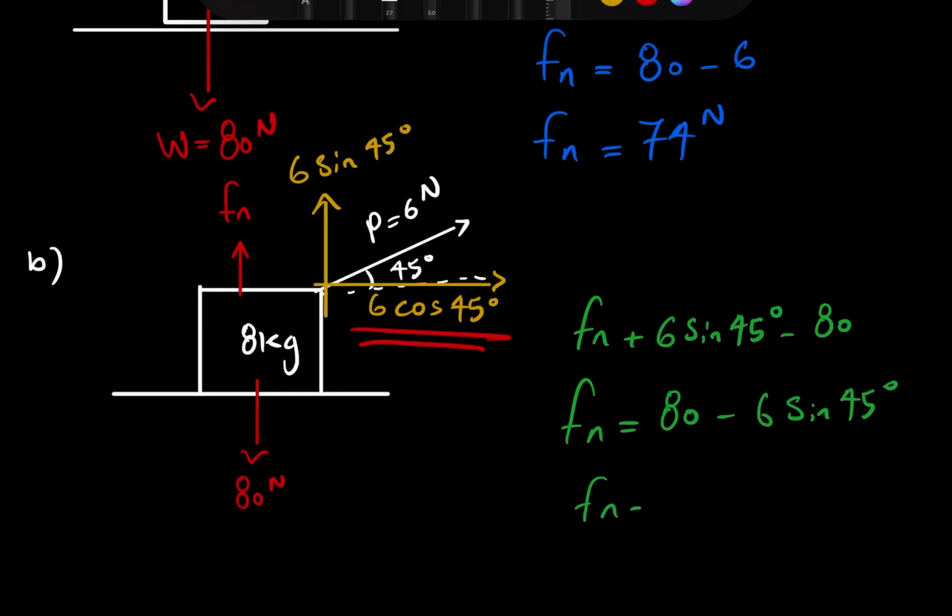Let's put that in the calculator: 6 sine of 45 is about 4.24. So 80 minus that would be 75.7 newtons. This is essentially how you find the normal force on a block where the force is being pulled at an angle.